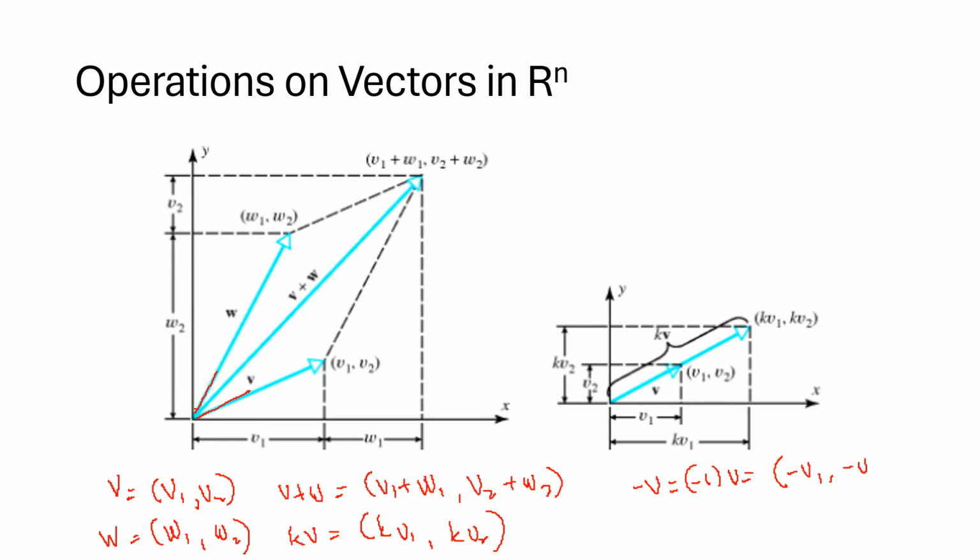And therefore, when we say w minus v, we could have w plus the negative of v, which is equal to (w1 minus v1, w2 minus v2).